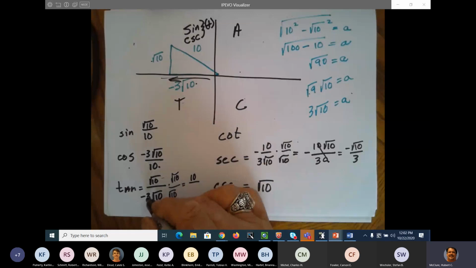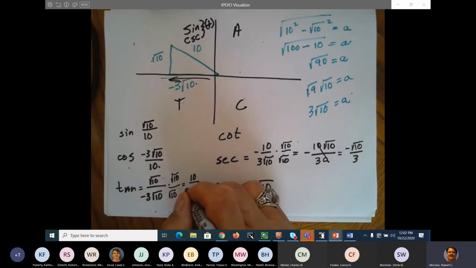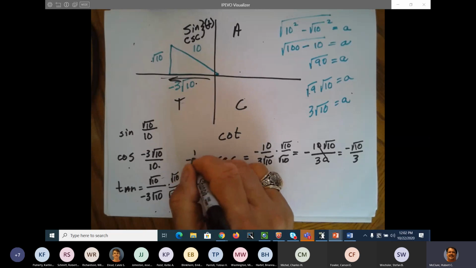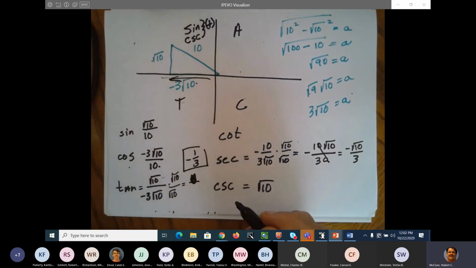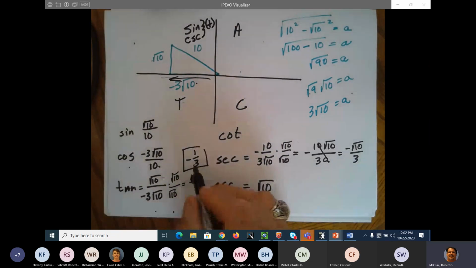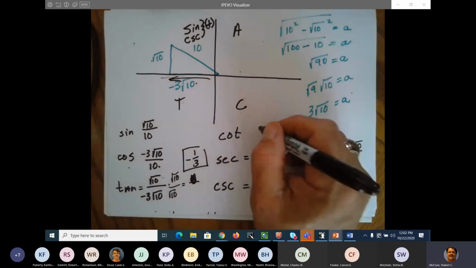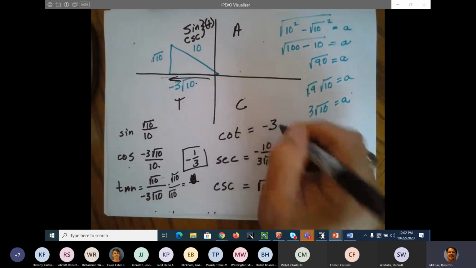And then negative 3 square root of 10 times square root of 10 is negative 30. So it'd be negative 1/3, and that would be the tangent. And the reciprocal of negative 1/3 is negative 3.